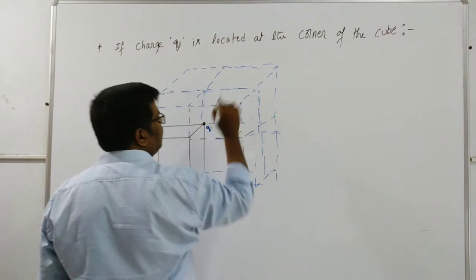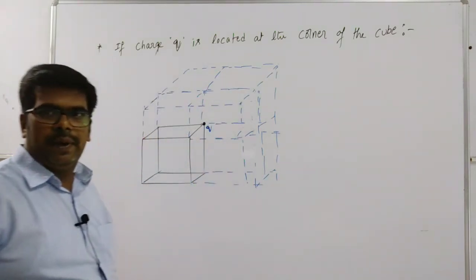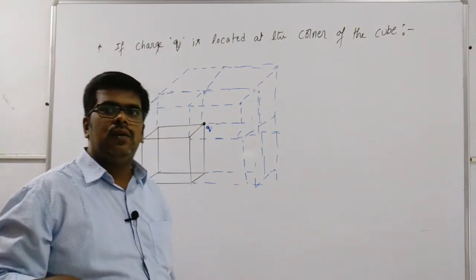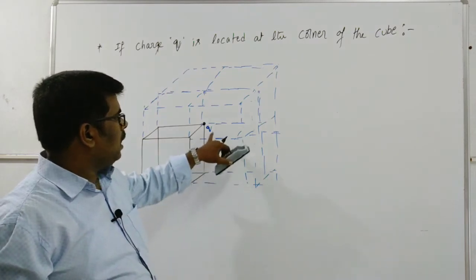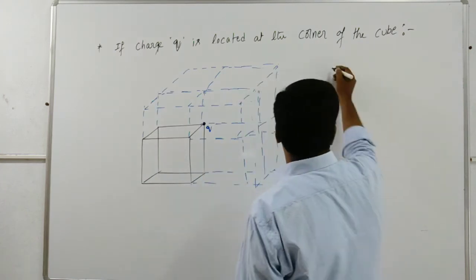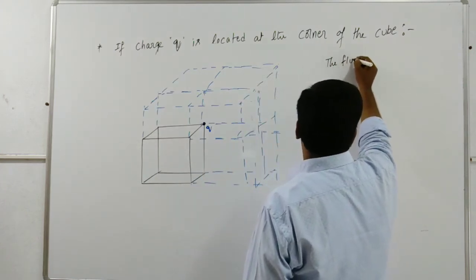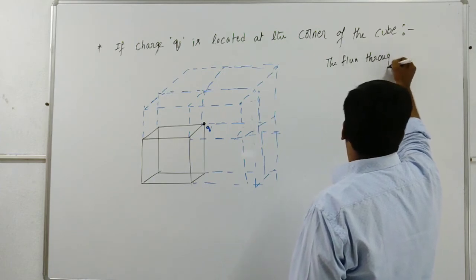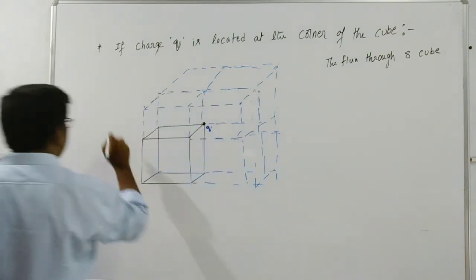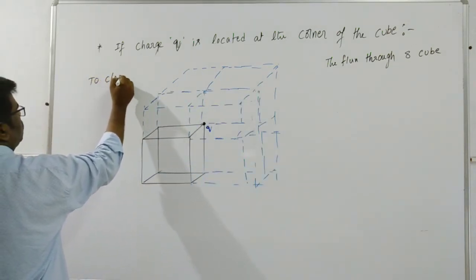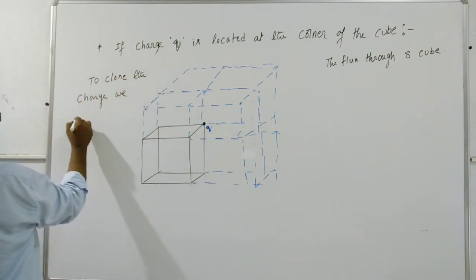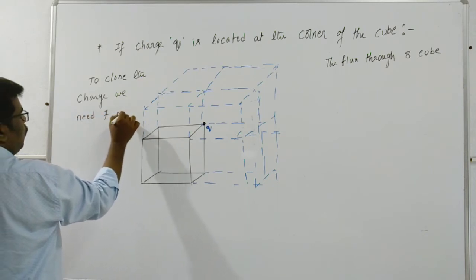So 8 cubes will be present. The total flux through 8 cubes is nothing but 1 by epsilon naught times the net charge enclosed by it. So how many did we construct to enclose the charge? We need 7 more cubes.